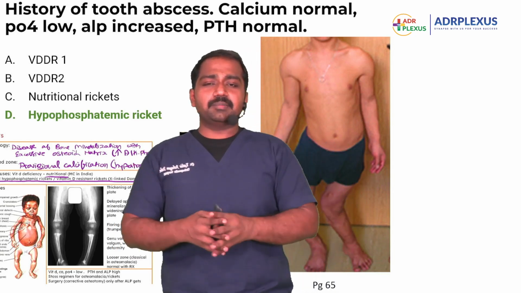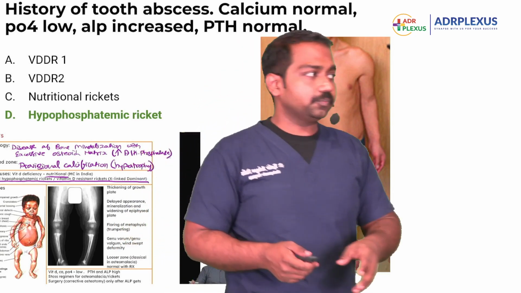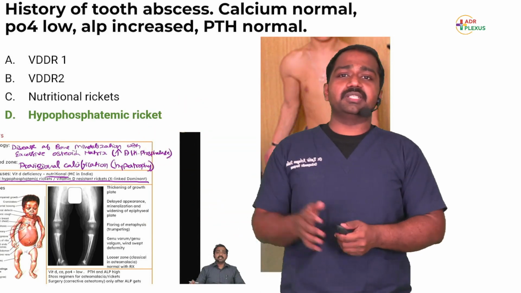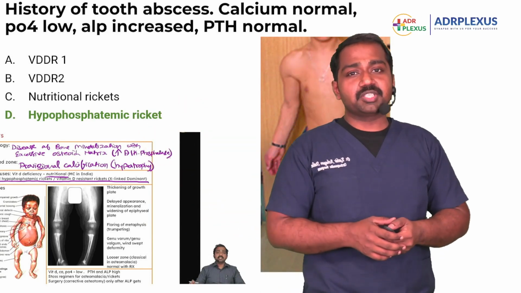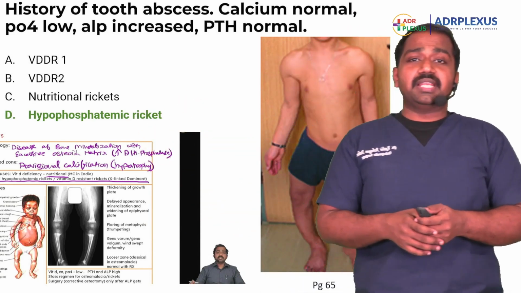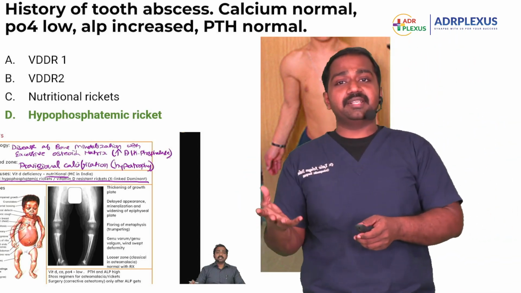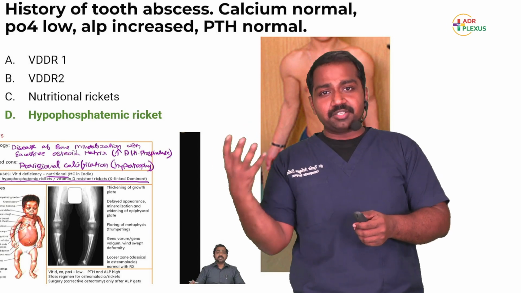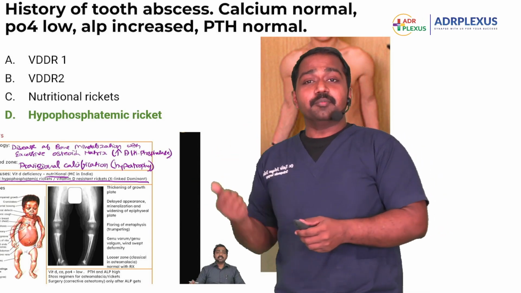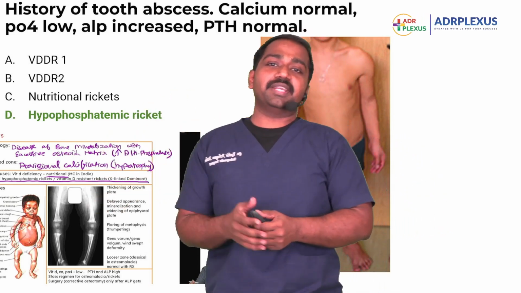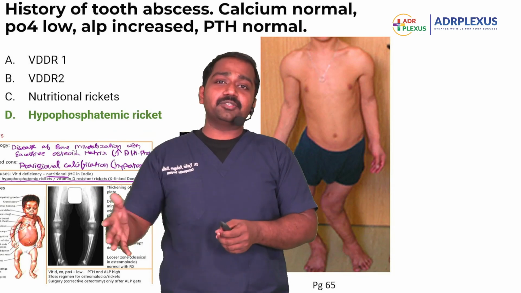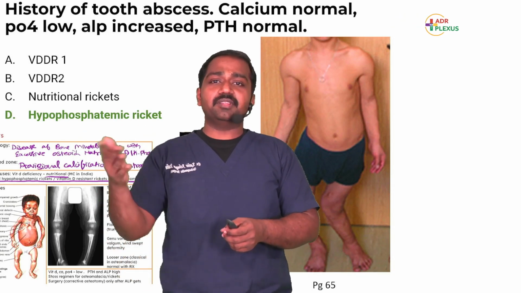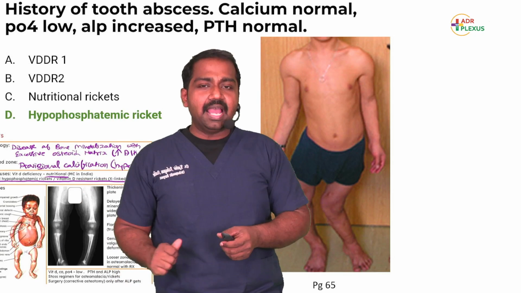In nutritional rickets, which is the most common type of rickets in India, you have low calcium, low phosphate, everything is low except the parathormone and alkaline phosphatase.